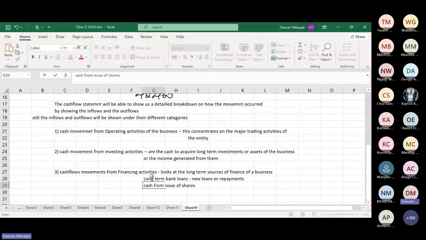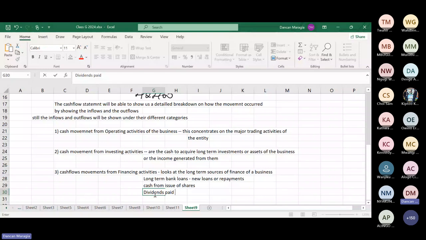When a company gives out shares so that it raises finance, that is a financing activity. Also dividends paid, or drawings from the business. But you are going to realize, however, that interest appears under operating activities because we assume we pay it as an expense of the normal running activities of the business.